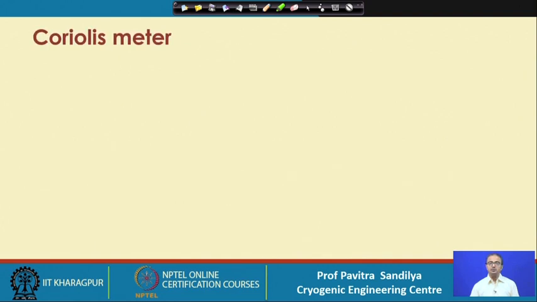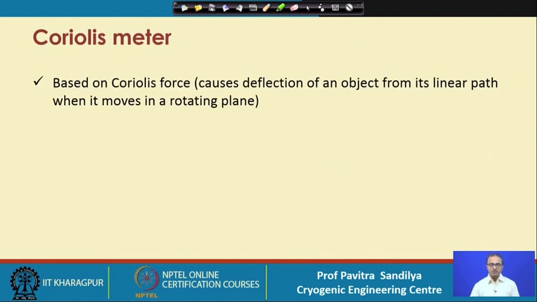Next we come to the Coriolis meter, and this is based on the Coriolis force. Now the Coriolis force is something like a centrifugal or centripetal force. We know that this centripetal force comes into action only when there is a rotating action.